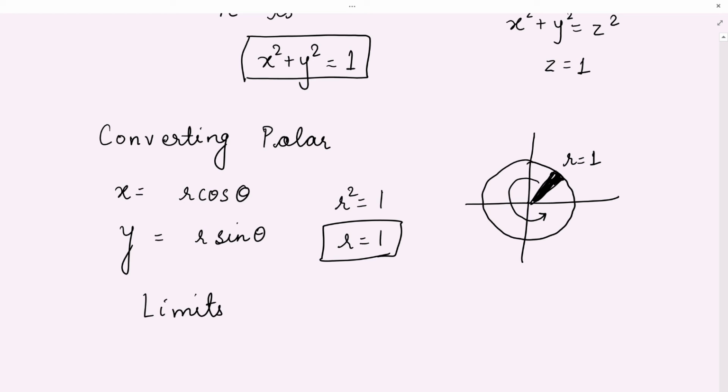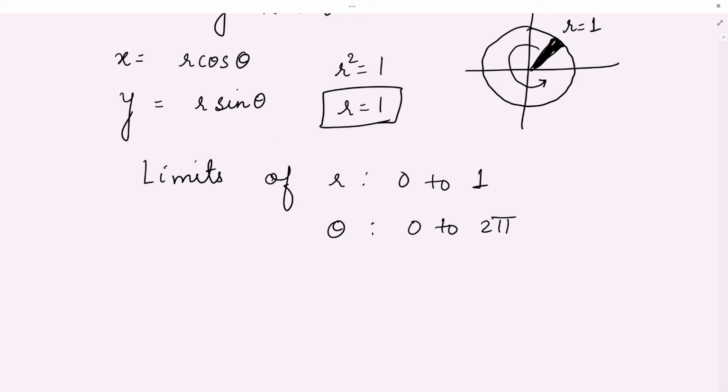So your limits of r will be 0 to 1 and limits of theta will be 0 to 2 pi, the complete circle. Okay, thus my equation 1 will become 0 to 2 pi, 0 to 1.